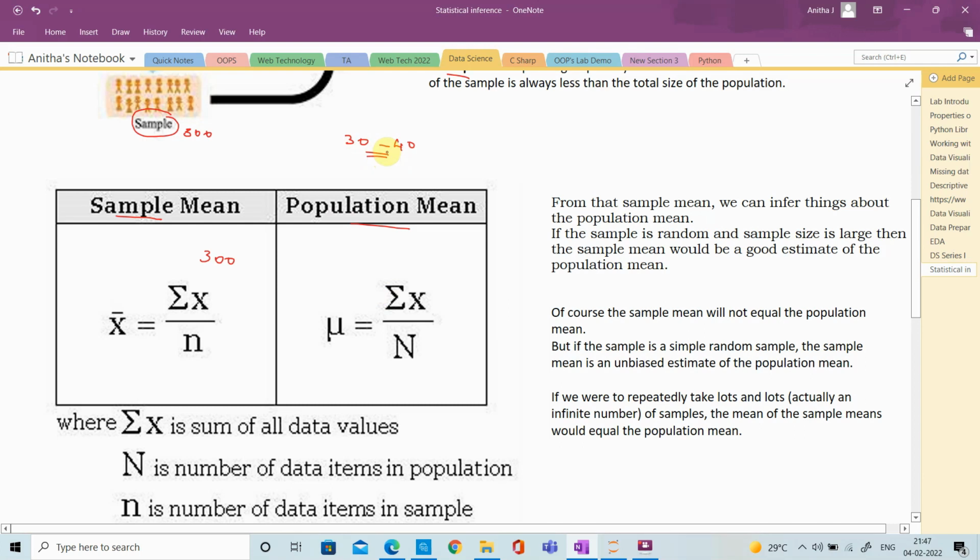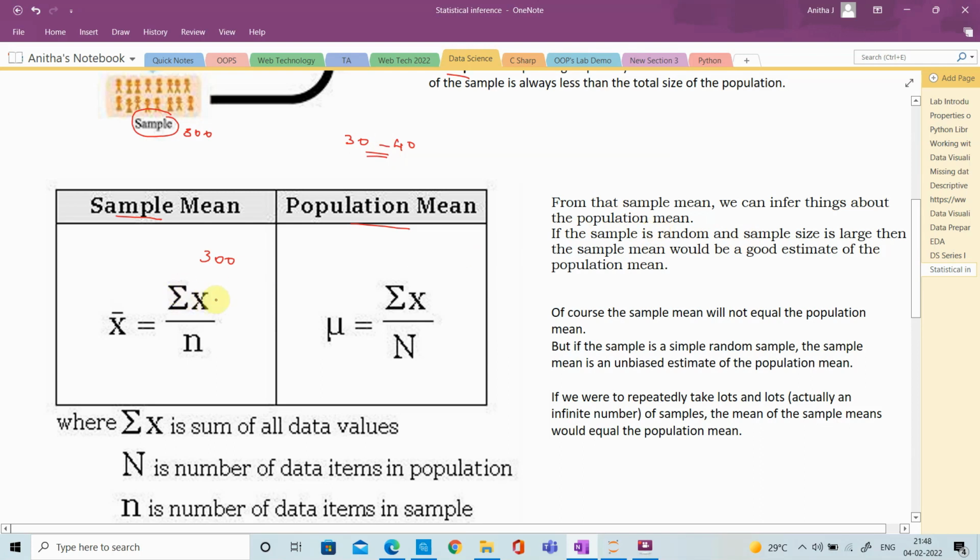I cannot go and check every individual aged 30 to 40 and collect their weight. Instead, I will select some group of people in that age range, compute the sample mean, and use it to estimate my population mean. So from the sample mean, you can infer the population mean.